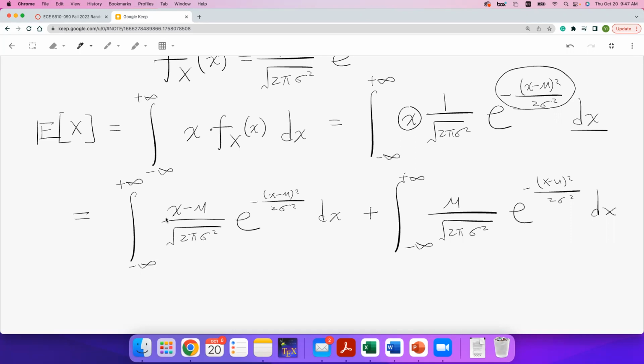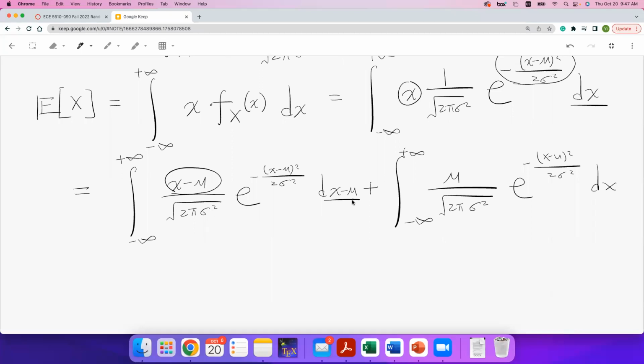Combining with this one, I can add mu for free and subtract mu for free, and I can get a quadratic term. Then I do a change of variable and let y be x minus mu.